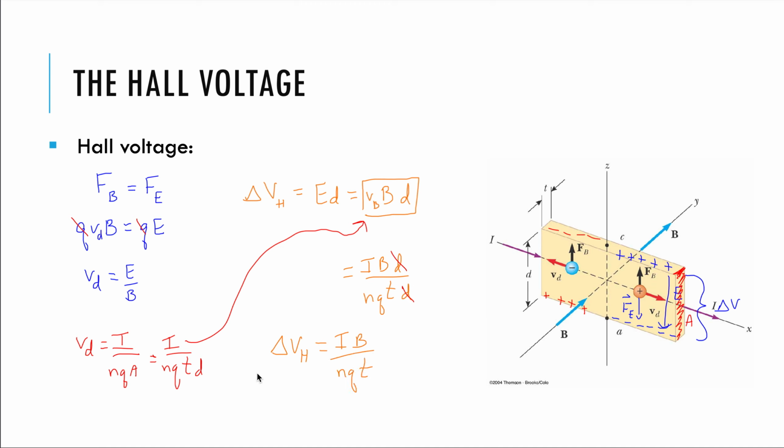And in case you're wondering what's the use of this, well, you can actually measure the Hall voltage very easily, right, using a voltmeter, and you can measure magnetic field, you can measure the current. So setting up one of these actually allows you to figure out the carrier charge density and the charge, and multiplied by the charge, it gives you information about the material.